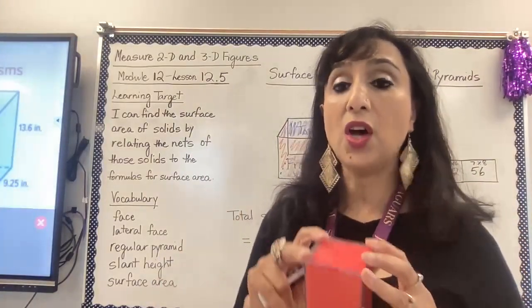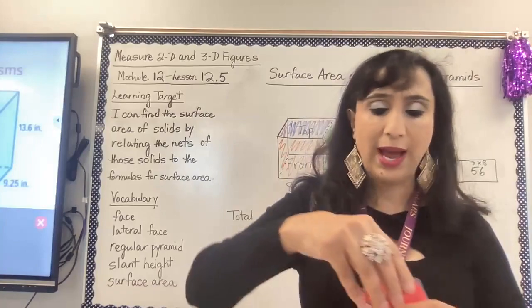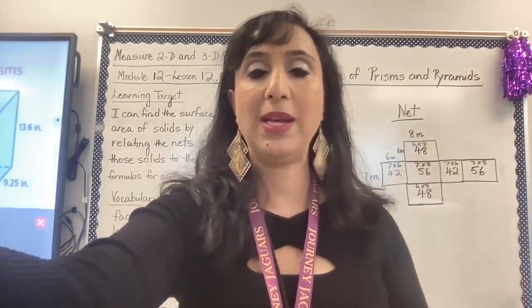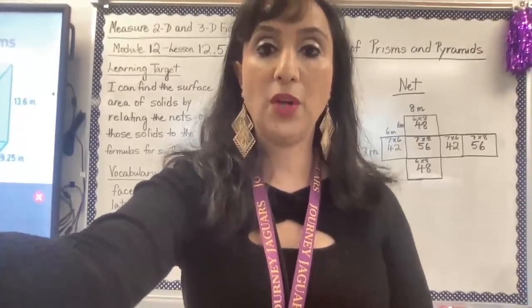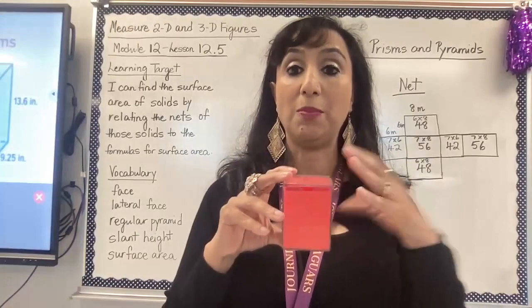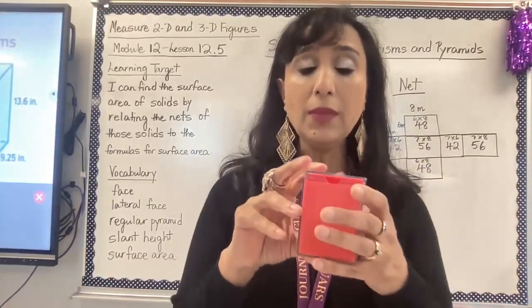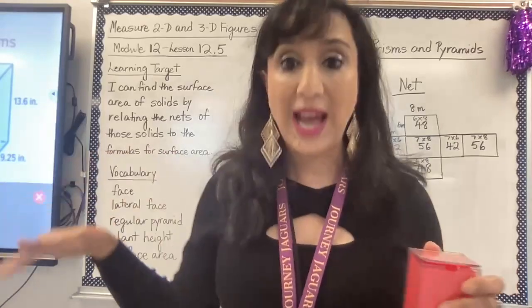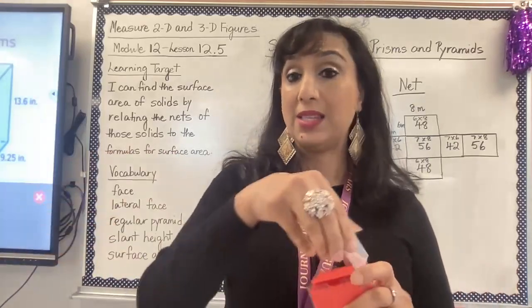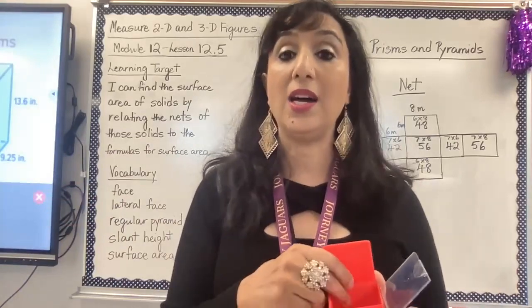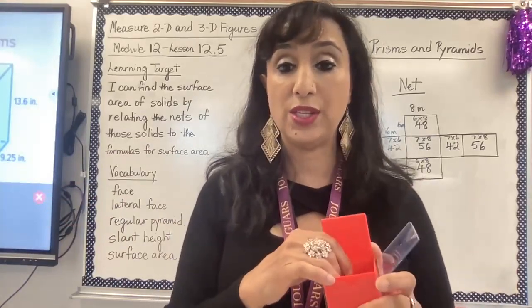If I were to actually open up a box, think about Pizza Hut and all these places, most of those hexahedrons, the boxes in which your pizza is sent home, are normally stored flat and then folded into a box. The purpose of that is to maximize the storage space.